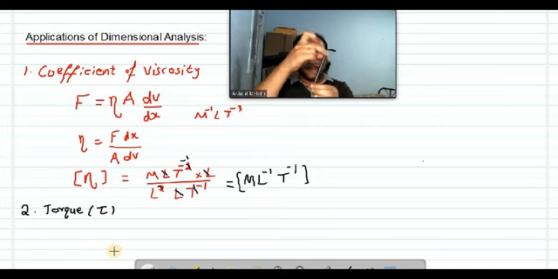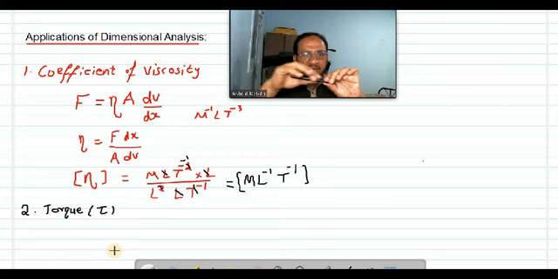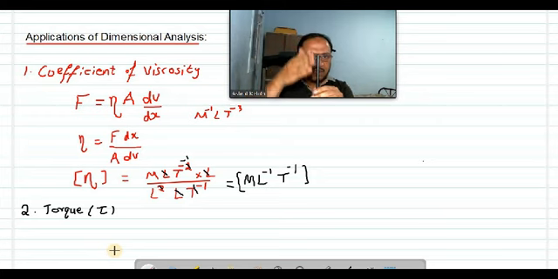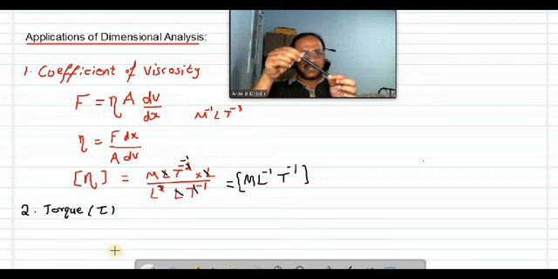Got it? If you apply like this, the line of action of one force is this way, and another force also along the same line of action on the pen itself, so they will cancel each other. But if there is a line of action here in this direction and another line of action this way, with a perpendicular distance between the two lines of action, then the two forces constitute a couple, and that couple will have a turning tendency, meaning it will exert a torque on the body to rotate it.